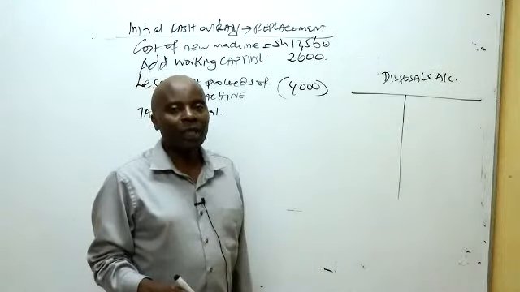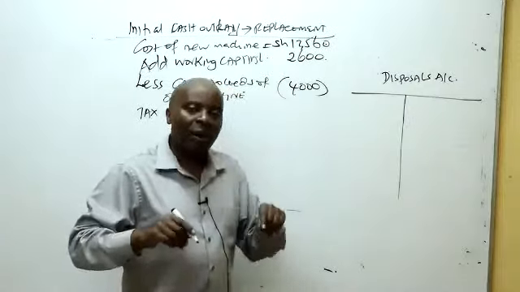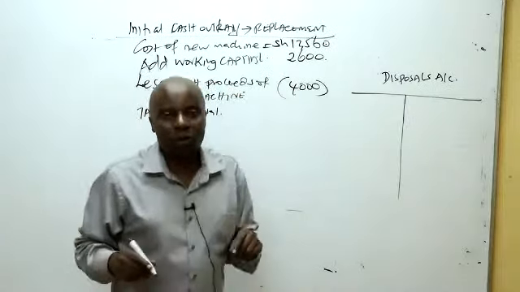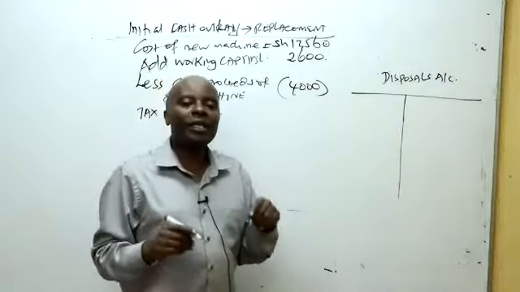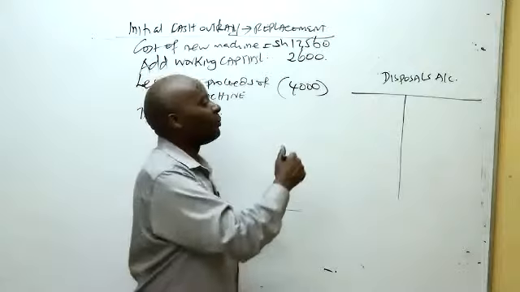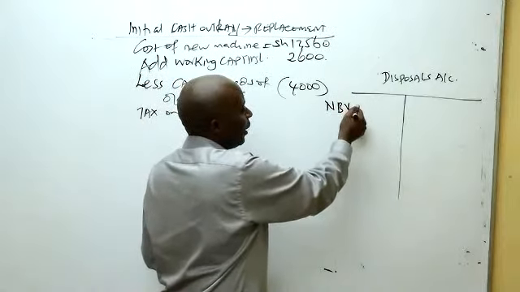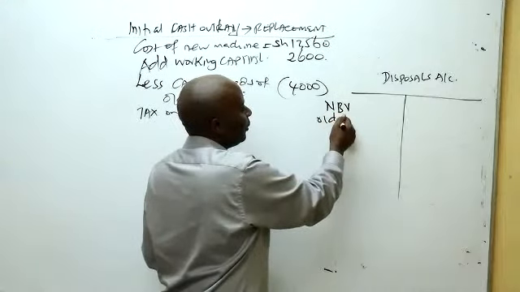I would want to know, this old machine that I'm going to dispose, am I going to make a profit out of it, or in this case here, am I going to make a loss out of it? So I need the net book value of the old machine.